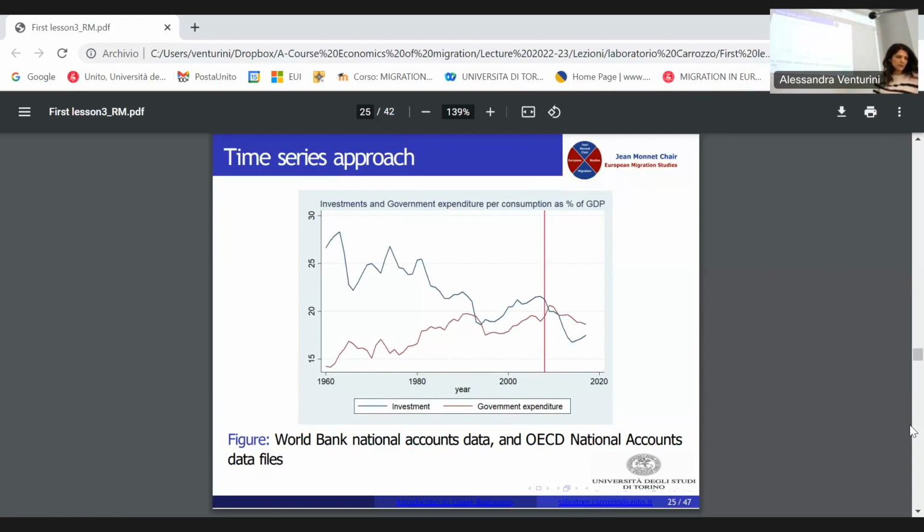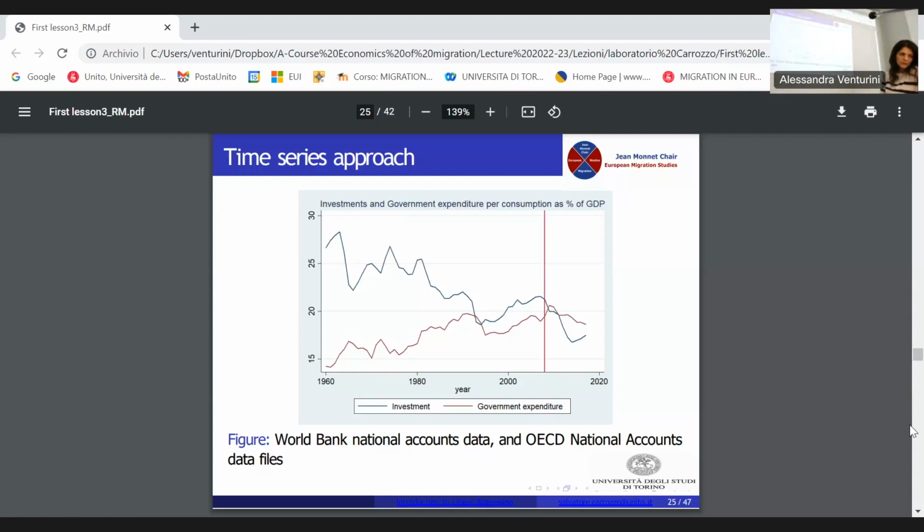This is very interesting because, as you see, government expenditure in general is substituting private investment or anticipating private investment. The government is building bridges, streets, the water system, so infrastructure, or the private investment. This is a special graph which is showing that when there is a decline of private investment, the state intervenes.